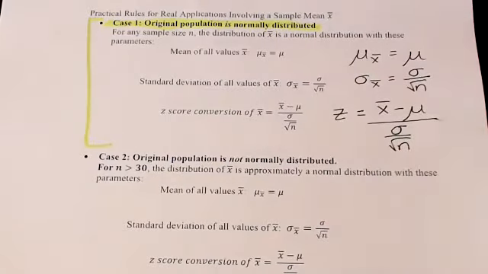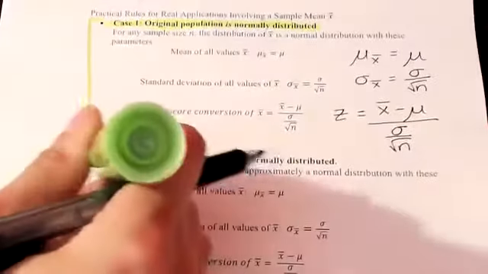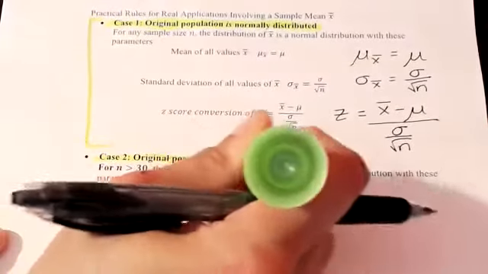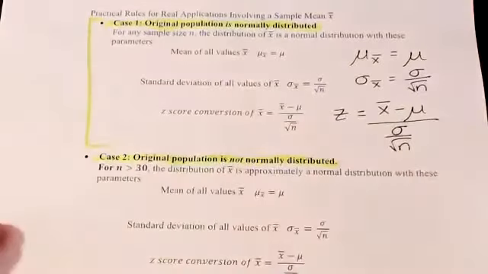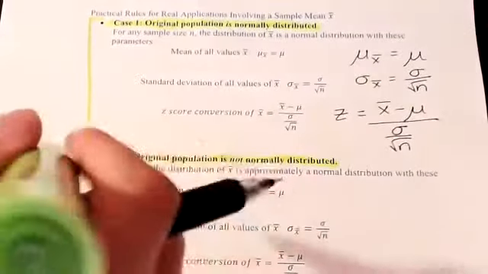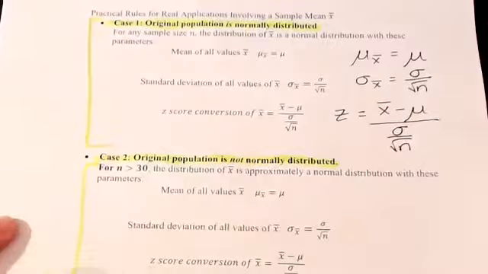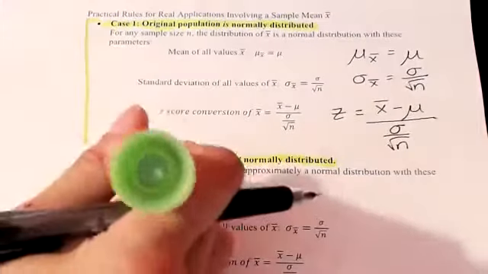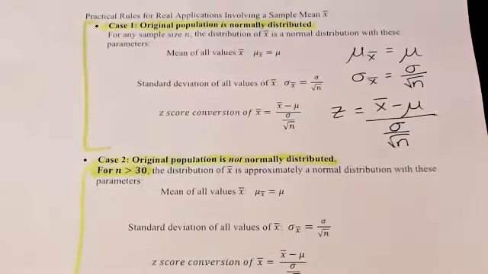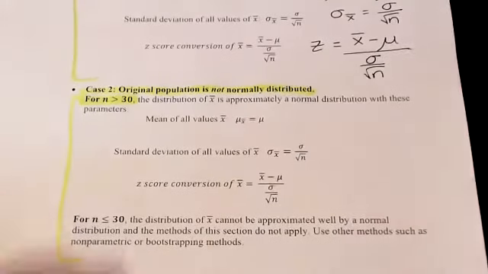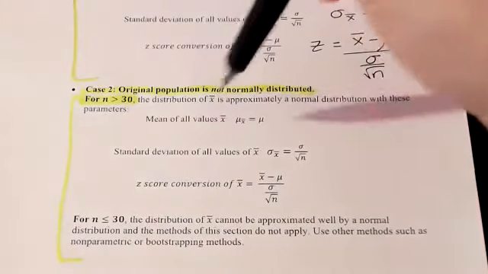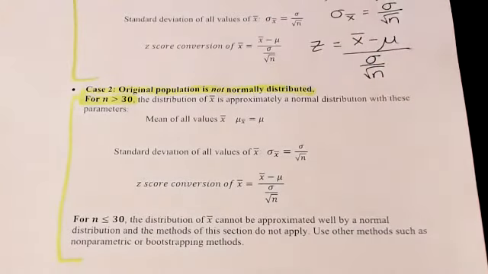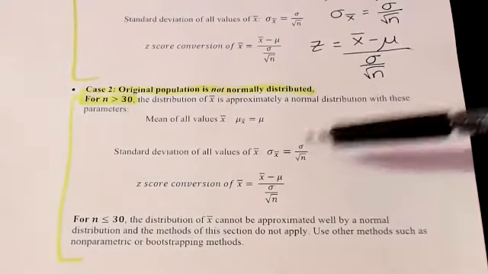So what happens in case 2 when your original population is not normally distributed? Let's take a look at this. There are 2 situations here. If n, our sample size, is greater than 30, then the cool thing is the distribution of the sample means is approximately a normal distribution with the exact same parameters.